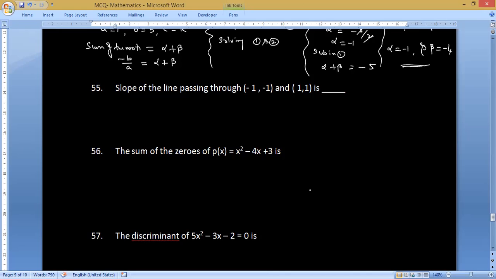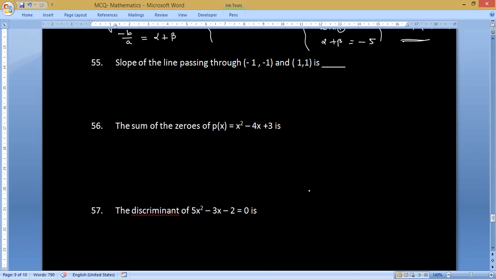The slope of the line passing through the points. So the formula for the slope of the line is y2 minus y1 by x2 minus x1. This is the formula to find the slope of the line. In the question, x1 is -1, y1 is -1, x2 is 1, y2 is 1.